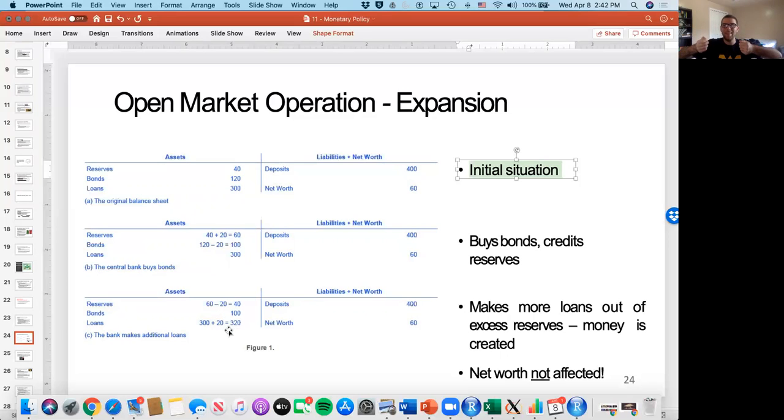And then start giving more loans, increasing loans by 20. In other words, the total assets of the bank did not change whatsoever, but the amount of loans actually increased because the total bonds decreased. So the net worth of the bank has not changed whatsoever. But now there is more money supply in the economy, which might impact people getting loans, firms getting loans, and so forth. So in other words, the aggregate demand is going to shift to the right.